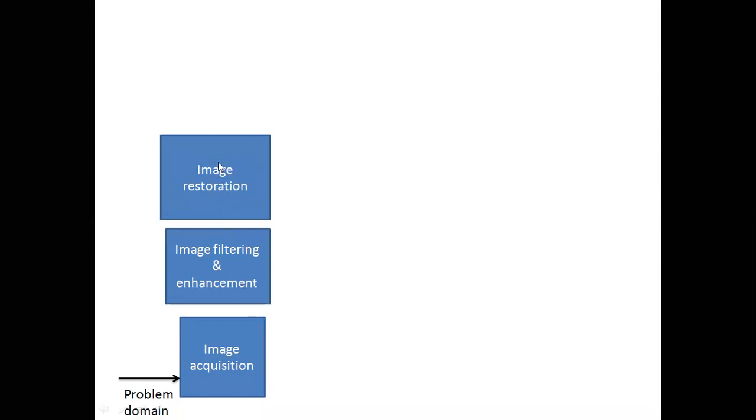Whenever you say objective, you will be applying mathematical models to improve the quality of the image. Once you apply the mathematical model, the quality of the image would be the same for all the people who view it.